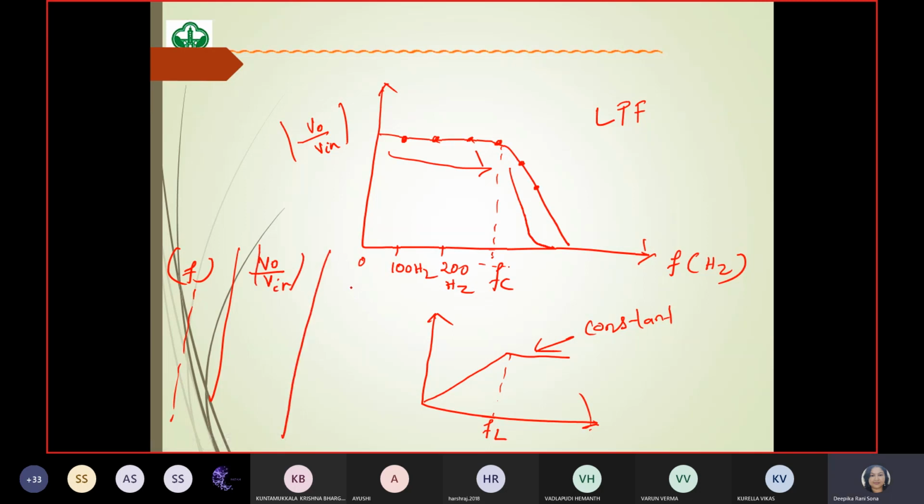Then the dB scale representation, magnitude in dB. What is the formula for that? 20 log of V naught by V in. Yeah, these three columns should be there. If they are not there, guys, be ready to lose some marks.